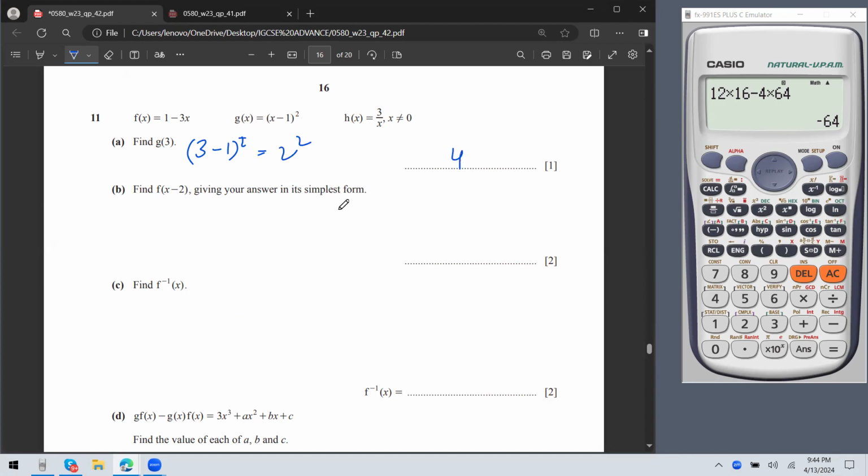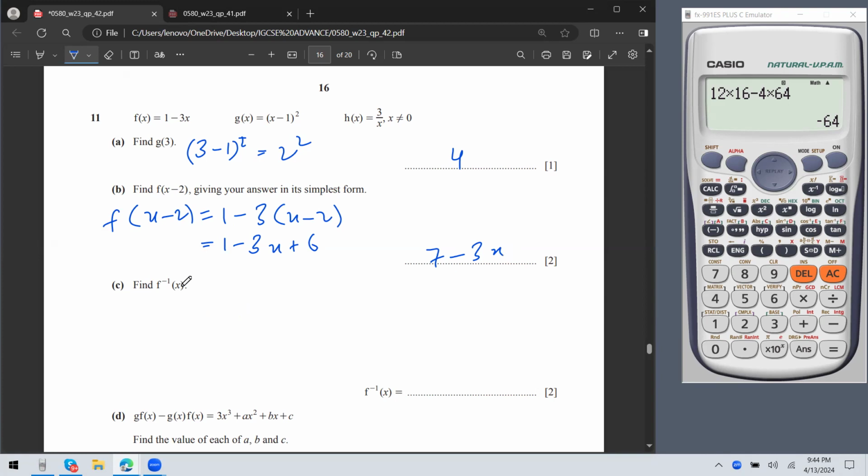All right. F of x minus 2. So that means you need to put in the f function x minus 2, 1 minus 3 times x minus 2. 7 minus 3x. Right? Any questions? All clear?